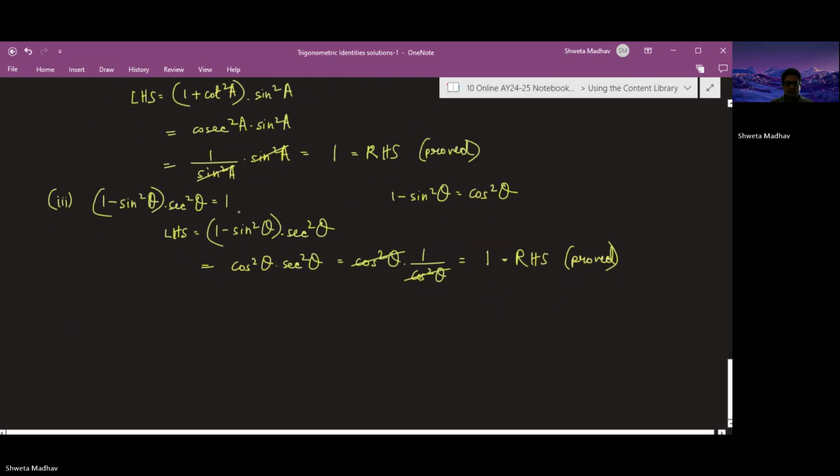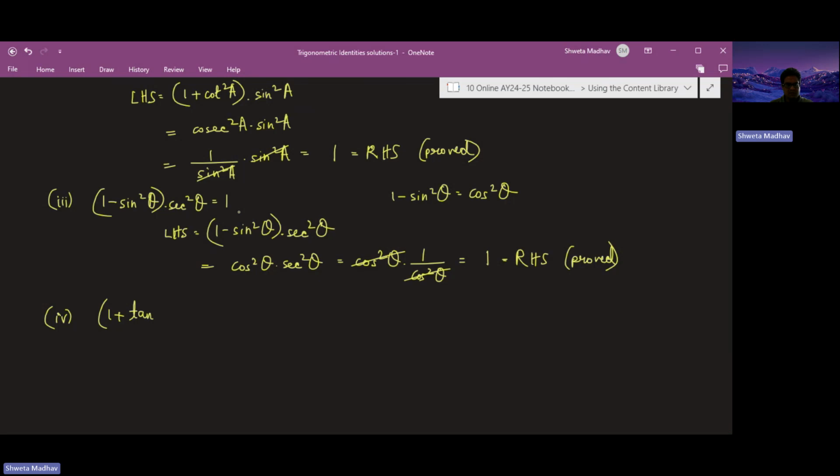Then in the fourth part, it has been told that we have to prove that (1 plus tan square theta) into cos square theta is equal to 1. So we have to show that the left hand side equals the right hand side.